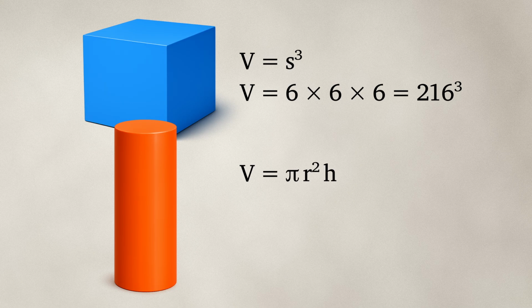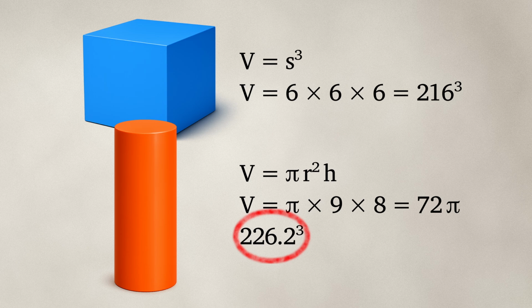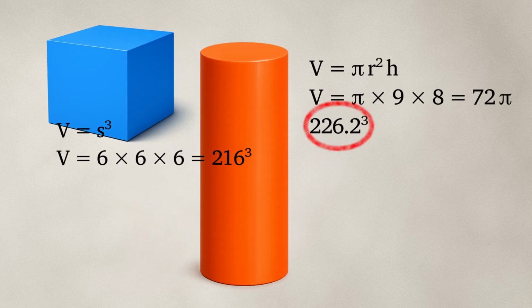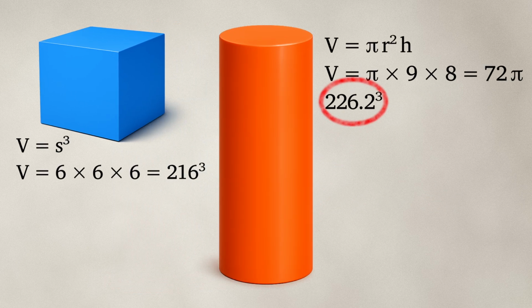Plugging in our numbers, we get pi times 3 squared times 8. 3 squared is 9, so pi times 9 times 8 gives us 72 pi, which is approximately 226.2 cubic units. The cylinder wins, but barely. We're talking a difference of about 10 cubic units, and that's roughly only a 5% difference.